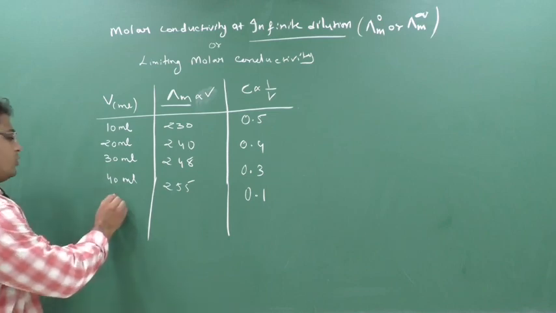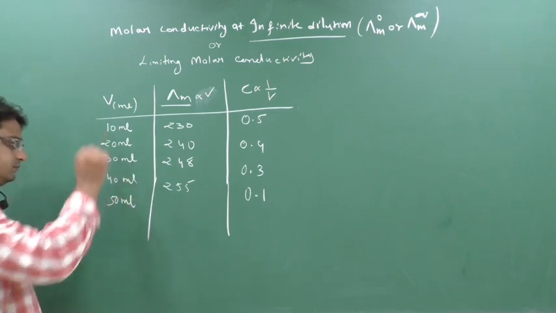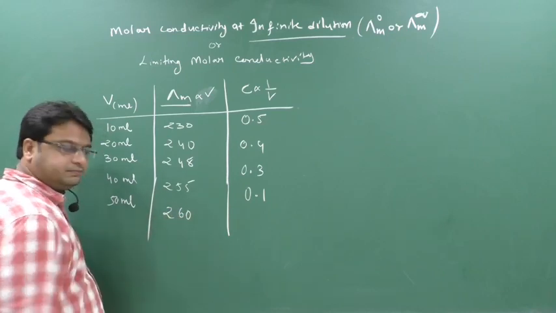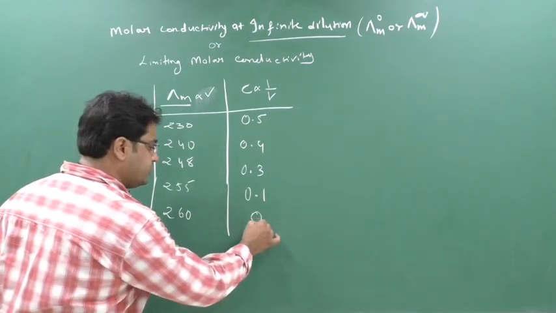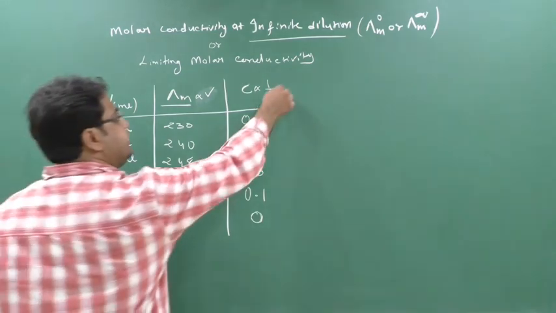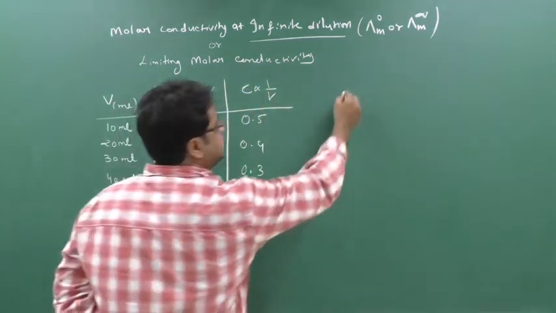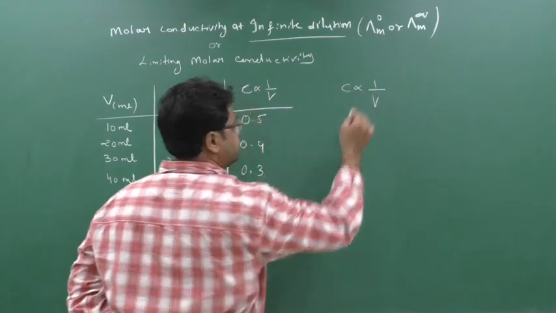Say if I go for 50 ml, the value I got is 260, but the concentration was 0 here because the volume is increasing to a very high value.